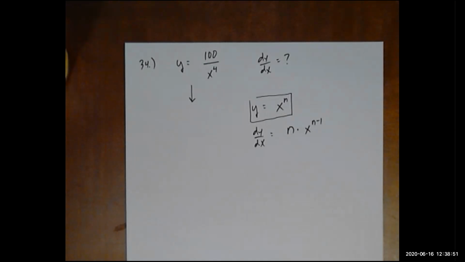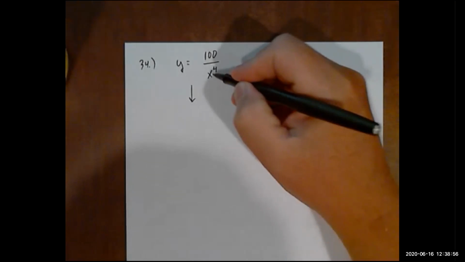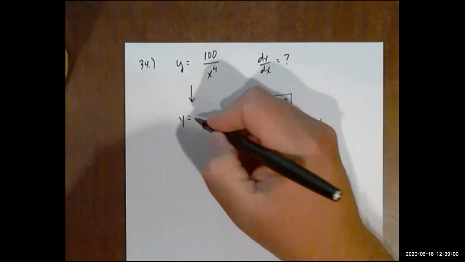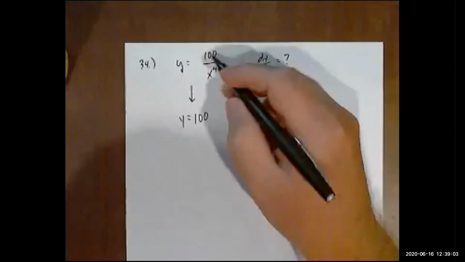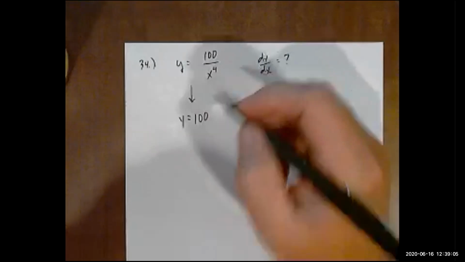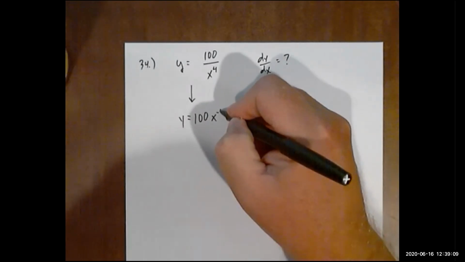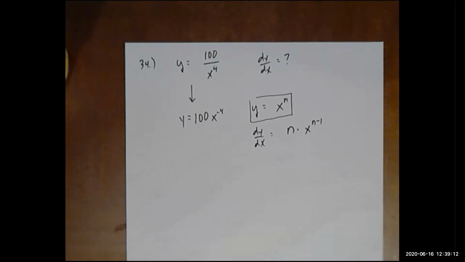Hopefully you remember some of your exponent rules. Here's what I can do. 100 over x to the 4th is the same thing and can be rewritten as 100 times x to the minus 4. Remember the rule about negative exponents?